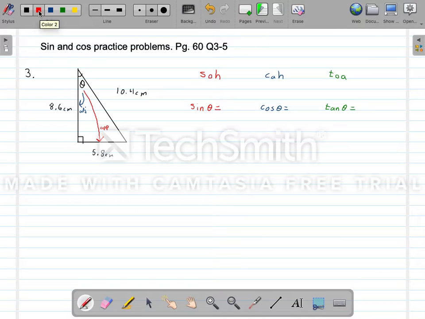So sine of theta is going to be opposite over hypotenuse. Opposite is 5.8, so this is going to be 5.8 over my hypotenuse, which is 10.4.